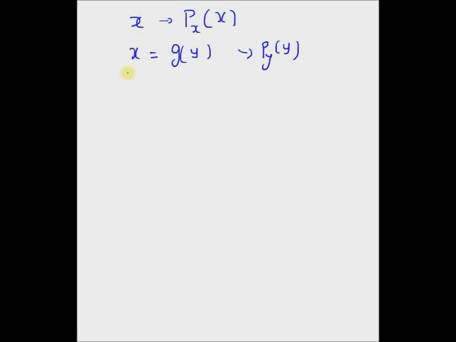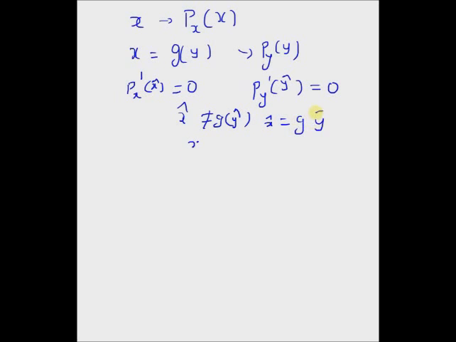Now the theorem says that the maximum value, that is the value at which p dash of x hat equals 0, and the maximum value of y, that is p dash of y hat equals 0, need not necessarily be the same. That is, these 2 points are actually different from each other when g of y is a nonlinear transformation. That is, x hat is not equal to g of y hat, but x hat is actually equal to some other value, g of y tilde. So let us look at the proof.